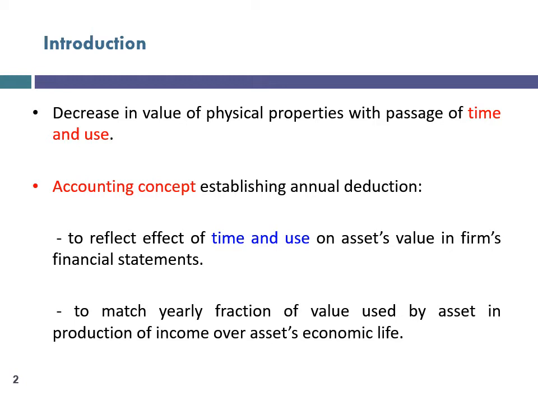Since there is a loss of value, you can reduce this loss of value from your profit, and then pay the tax for the remaining amount. All governments provide this for businesses so that they can continue their operations.